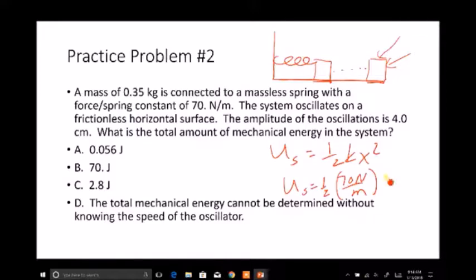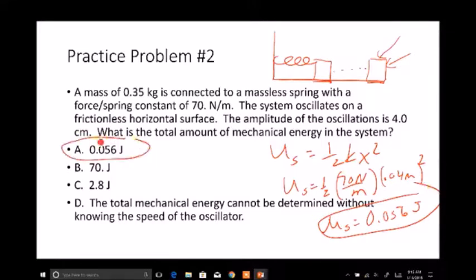So 4 centimeters is going to be 0.04 meters. Can't forget to square that. If we do the math here, we end up with an amount of elastic potential energy, or in this case, all of the mechanical energy of the system, equal to 0.056 joules, which would be answer A in this case.